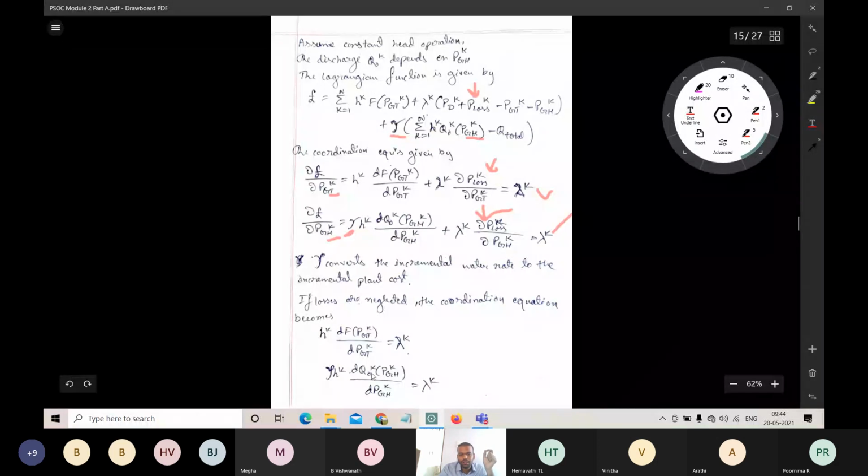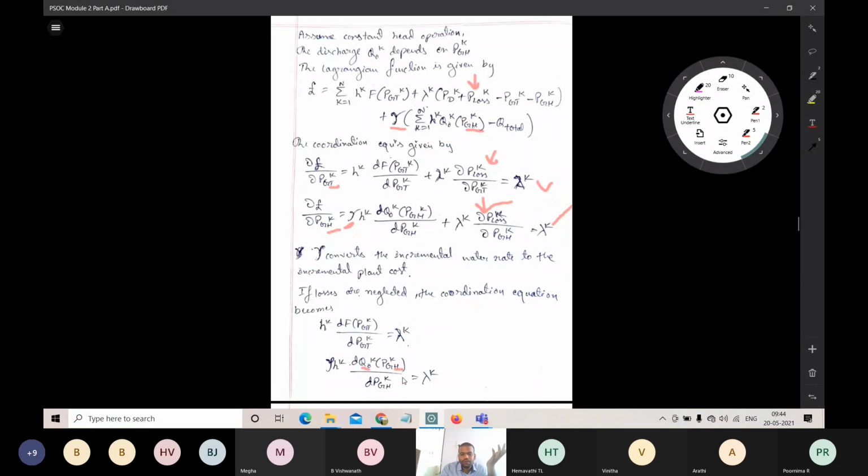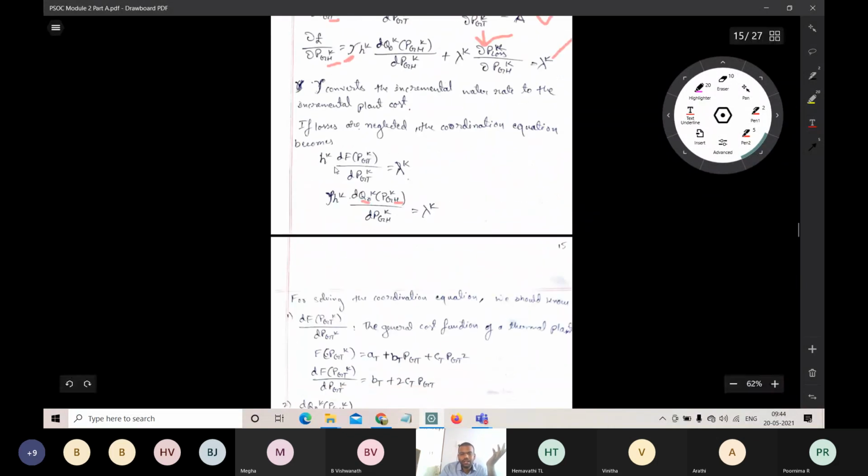So q naught is the water outlet and the amount of power generated using hydel. To remember these two equations: hk times the differentiation of f PGTk with respect to PGT, and the differentiation of q naught PGHk with respect to PGH. The new constant is gamma.